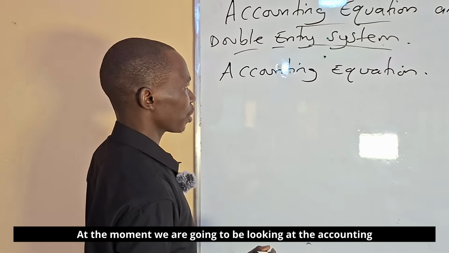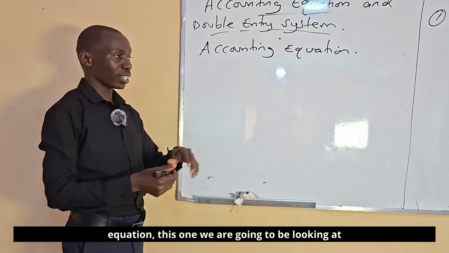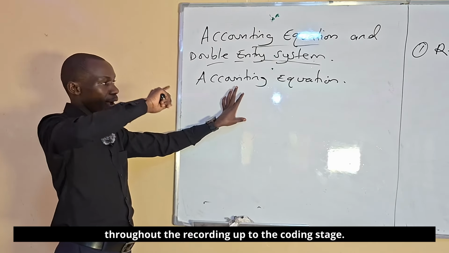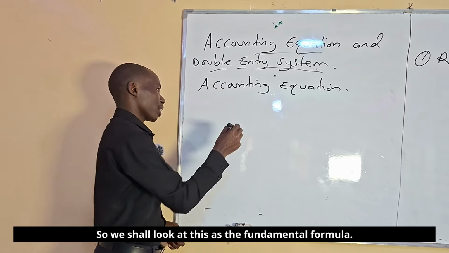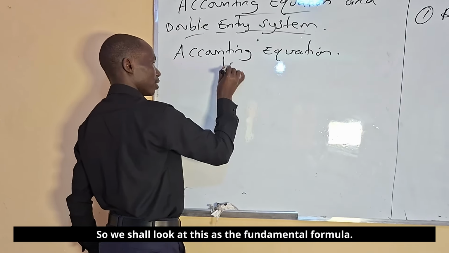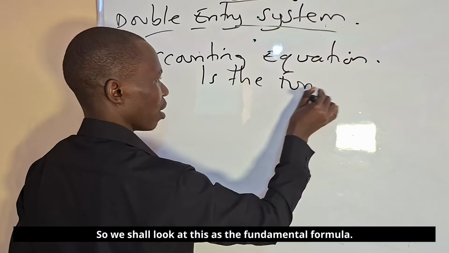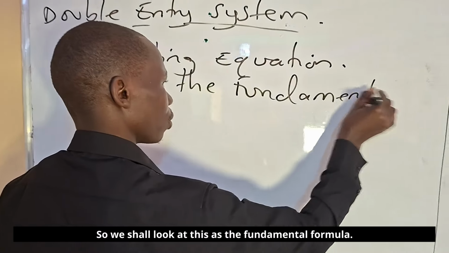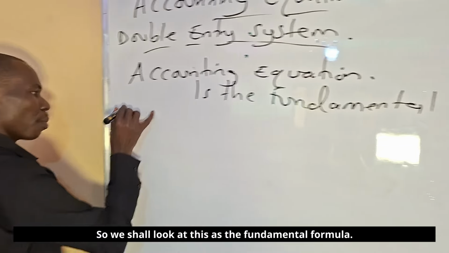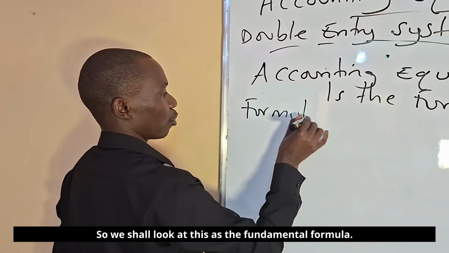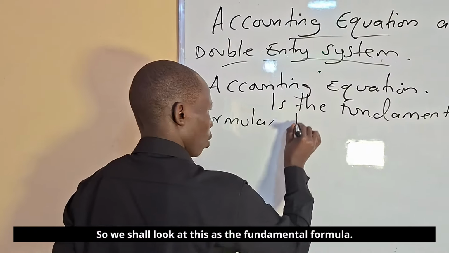The moment we hear accounting equation, this is the one we are going to be using throughout, right from recording up to the reporting stage. So we shall look at this as the fundamental formula. What does it show?